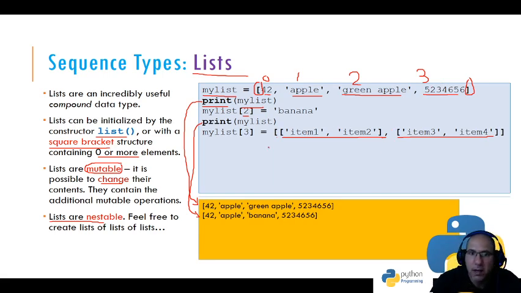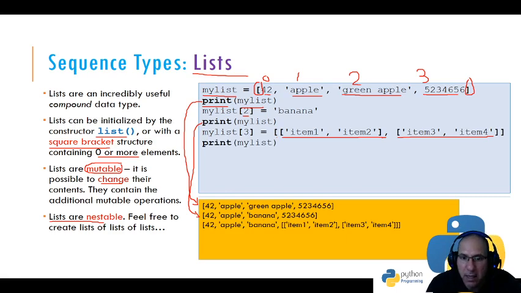So if I print the list right now, I will get this. Notice that this number was replaced by this two-dimensional array. It's now almost a three-dimensional array, but not for all the elements, only the element at position 3.